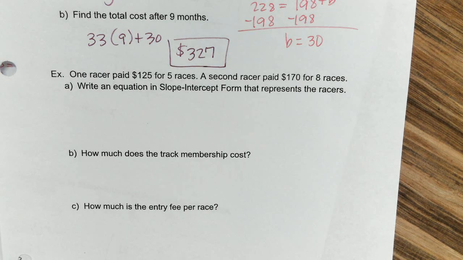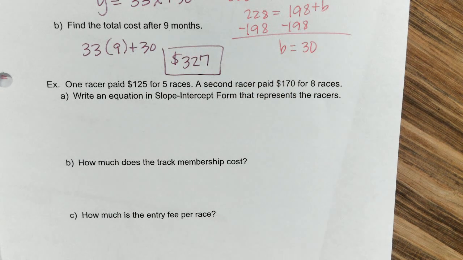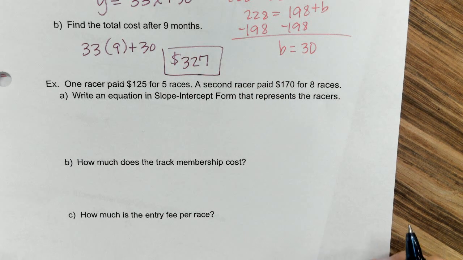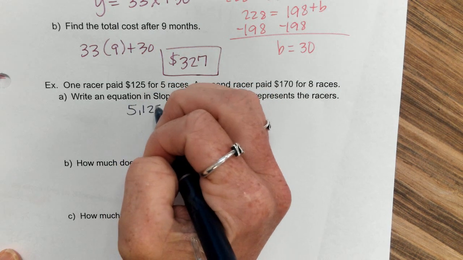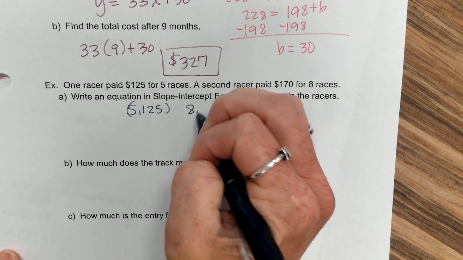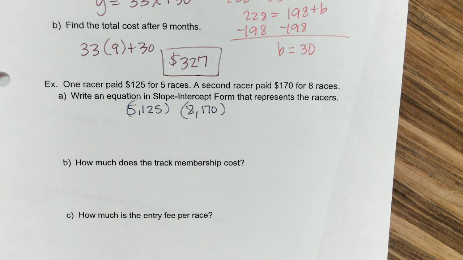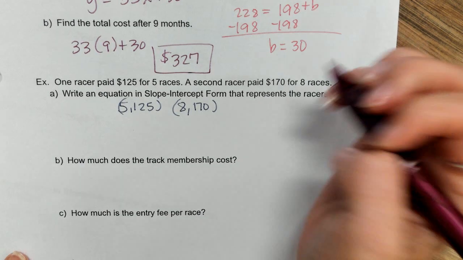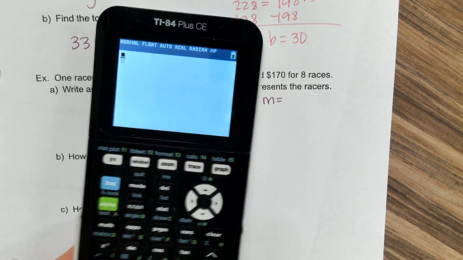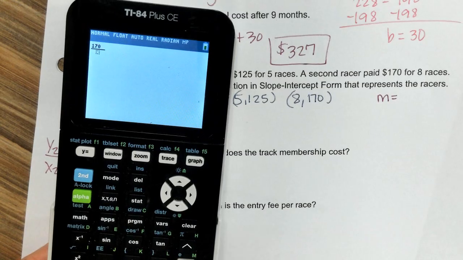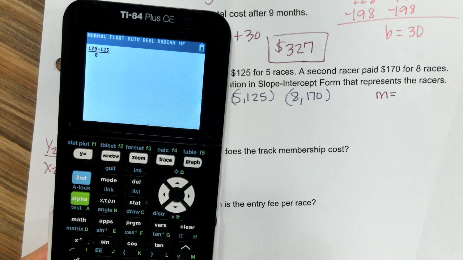All right, so y'all said they gave you 2 points. Which one's the X and the Y? The cost is the Y. Cost is money. Cost is the Y. What's the first thing you had to solve for? $170 minus 125 over 8 minus 5.